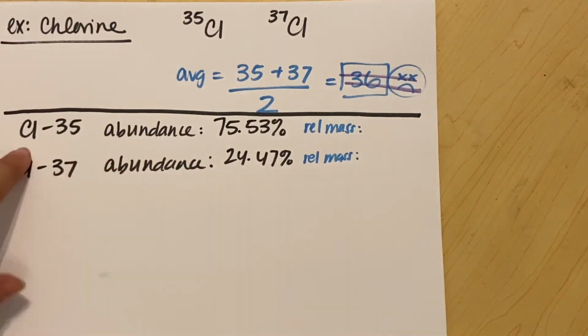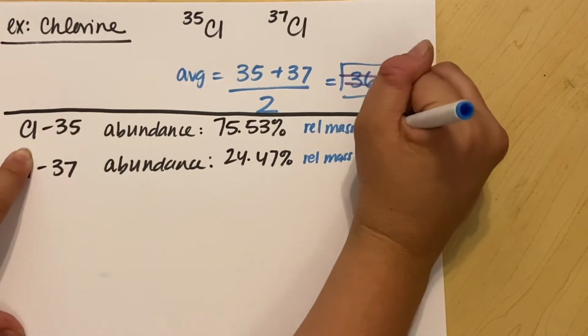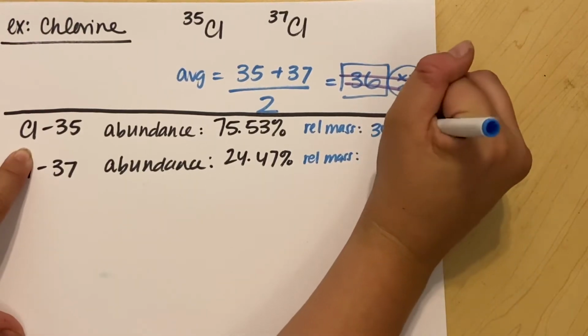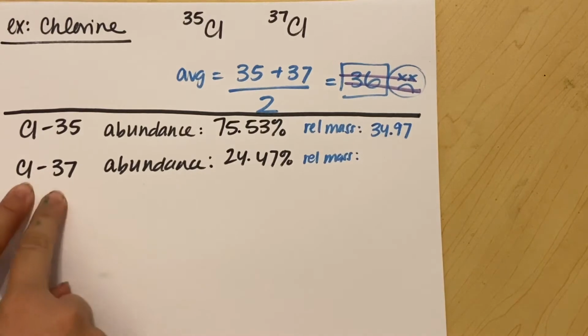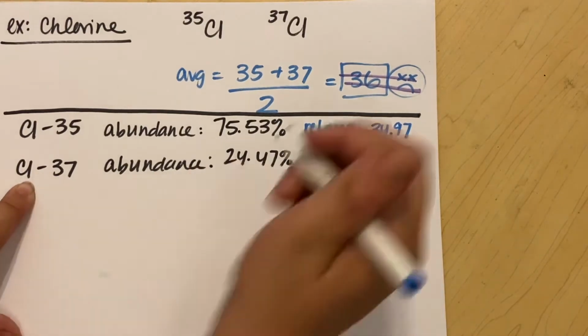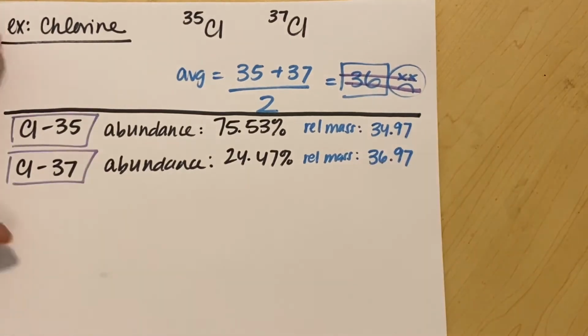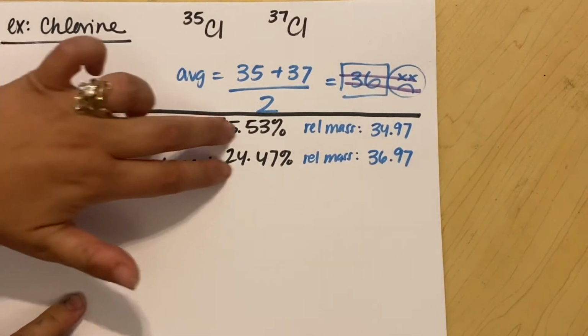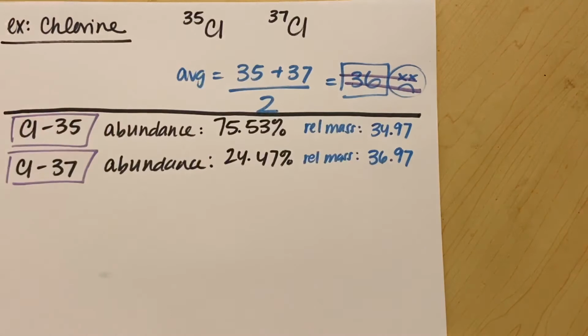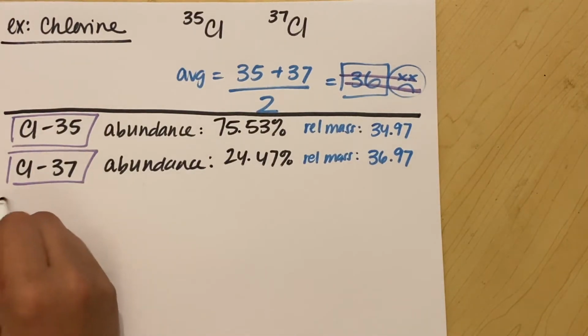So the relative mass of chlorine 35 is 34.97. The relative mass of chlorine 37 is 36.97. So we have these two isotopes, we have their abundance, and we have their relative mass. Now, how do we calculate?